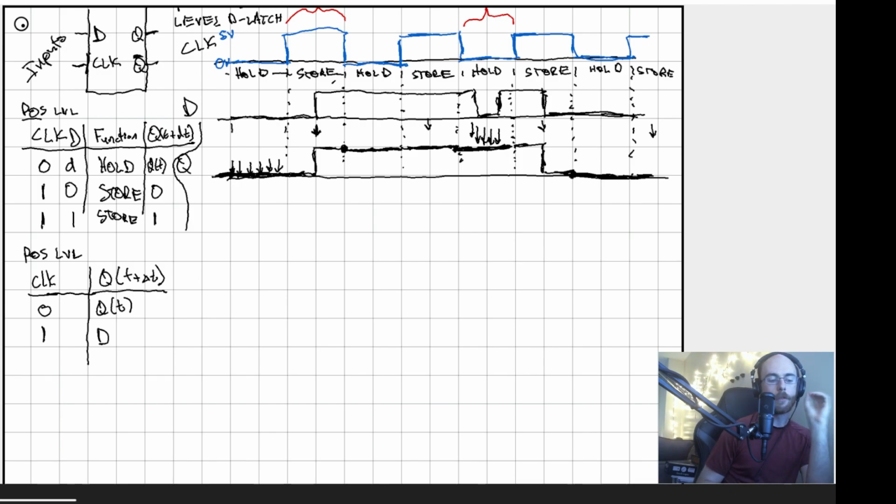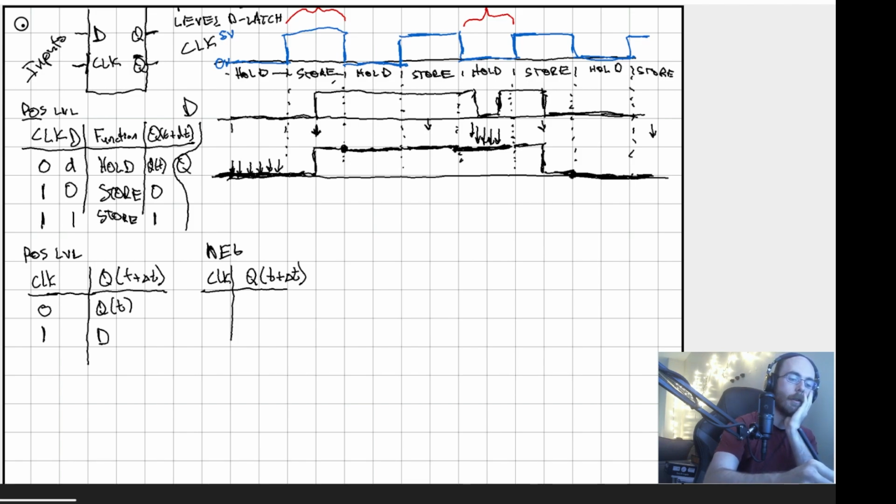So right now, we've always been talking about a positive level. I want you guys to take a second. I'm going to write out the truth table, just giving you the overview, this simplified form. I want you to pause the video right now and think about what a negative level truth table would mean, a negative level D latch.